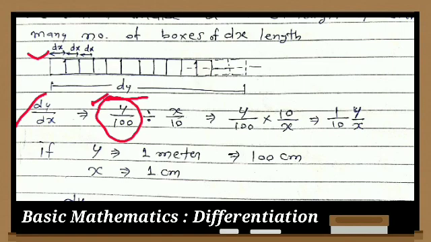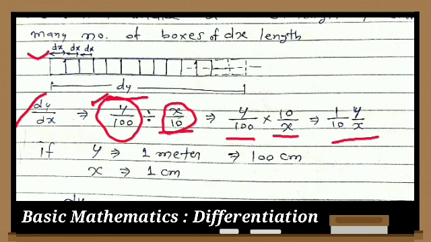So the value of dy is y upon 100, divided by x upon 10. So we can say y upon 100 into 10 upon x is equal to 1 by 10 into y upon x. Clear? So dy by dx is equal to 1 upon 10 y upon x.